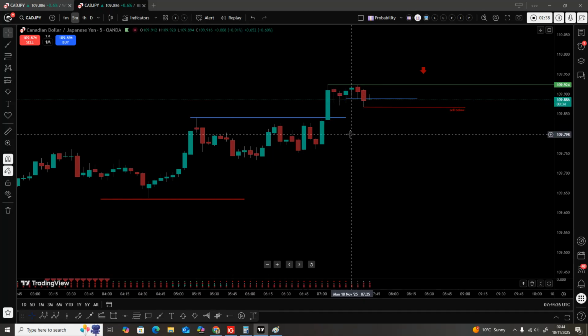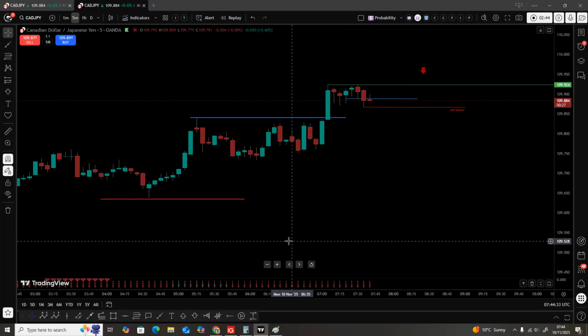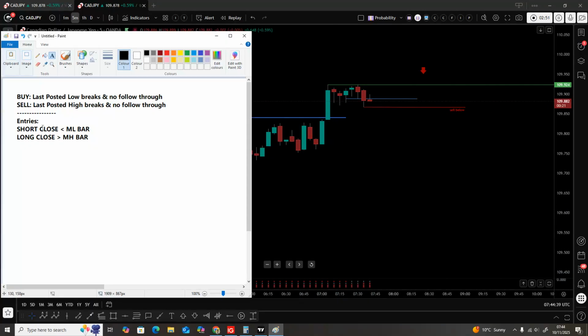That in itself is telling you a story. Once we have a momentum low candle, and I'm going to explain that because now we are talking about entry. We have a setup, now going to the entry. Entry short means we are above the high, there is no follow through, and we are looking for a close below a momentum low bar.